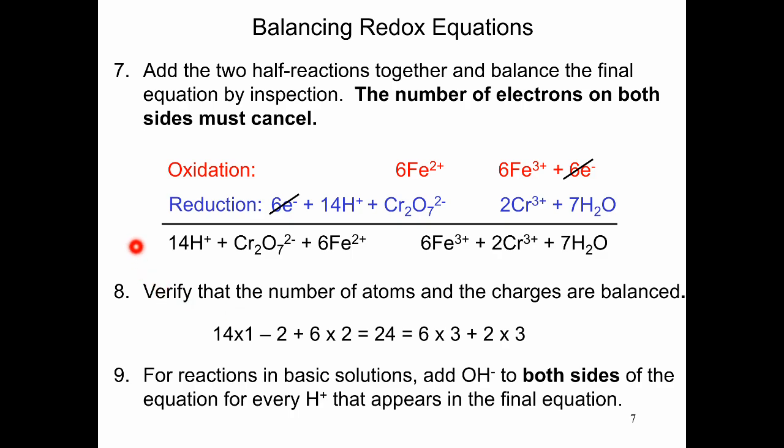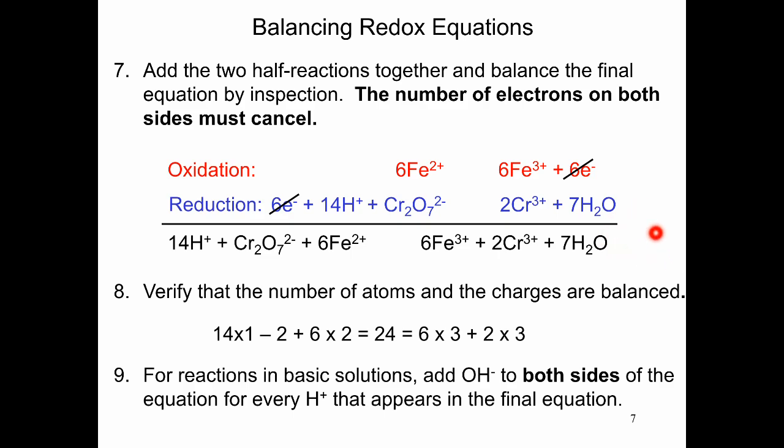So you have 14 hydroxide plus the hydronium ion. We can cancel this out as water because hydronium ion plus hydroxide ion forms water. So the 14 hydronium ions plus the 14 hydroxides become 7 water molecules, and then you have 14 OH- on the product side.